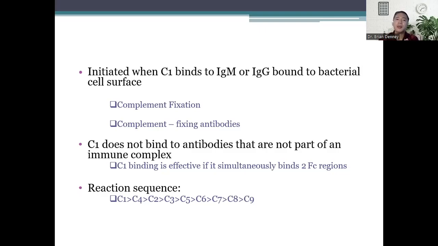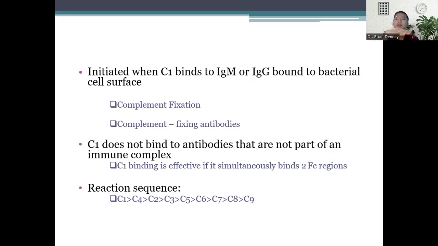The C1 complex makes up your recognition unit. So what happens in your recognition unit? Why is this termed the recognition unit? I have pictures to show you on the later portion of my slide. So just bear with me. For now, I want you to look at the presentation here.